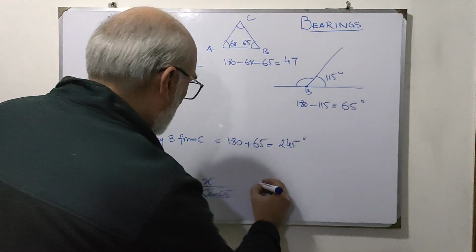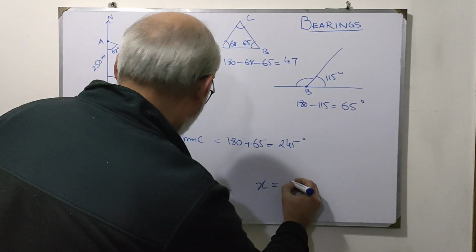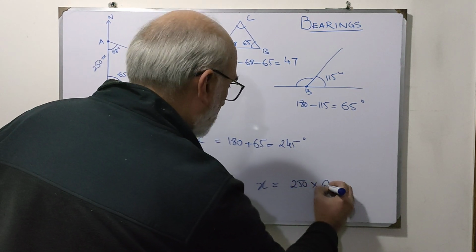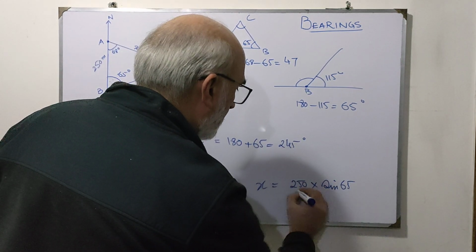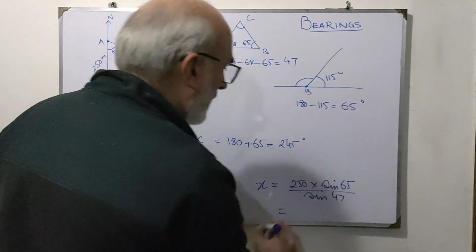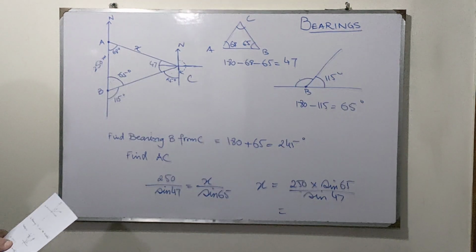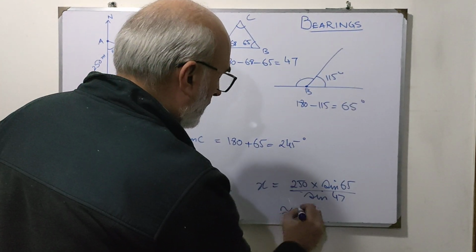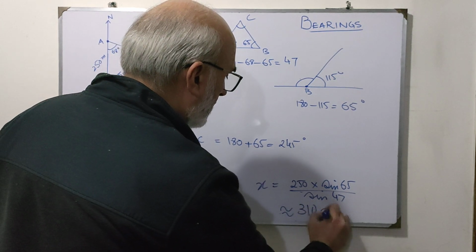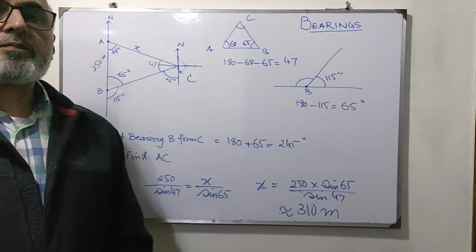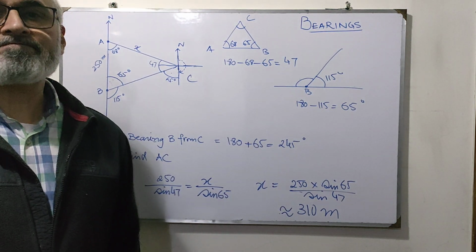So x is equal to 250 times sine 65 over sine 47, and if you calculate it, it's approximately 310 meters. So this was all about bearings. Thank you.